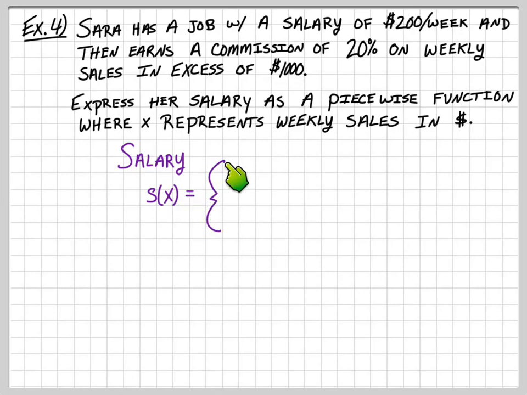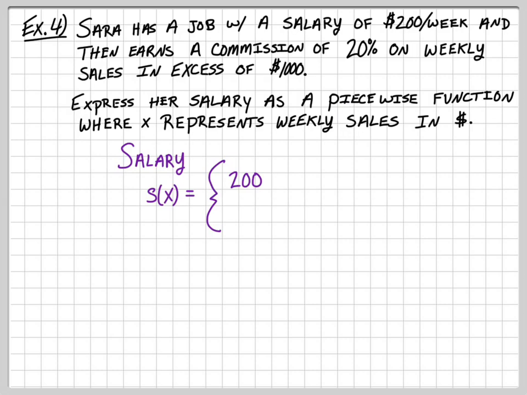So one piece is pretty simple. Say she doesn't sell a single thing, she gets $200 per week. So it's just 200. 200 for how much does she sell? Well, whether she sells $0 or she sells up to $1,000, she's going to make $200.